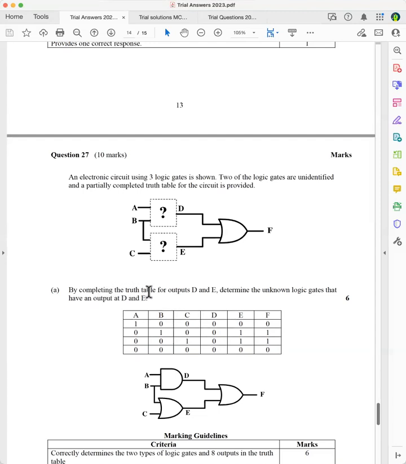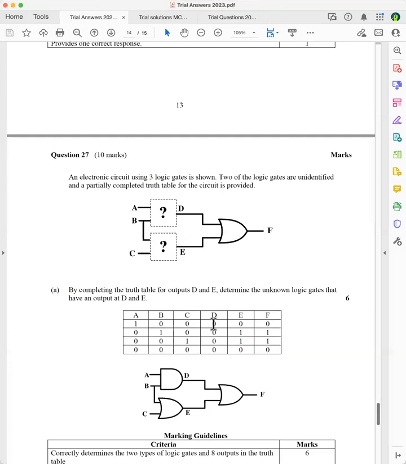If you just put down this logic gate is an AND and that's an OR, you won't get your 6 marks because you're asked to complete the truth table.